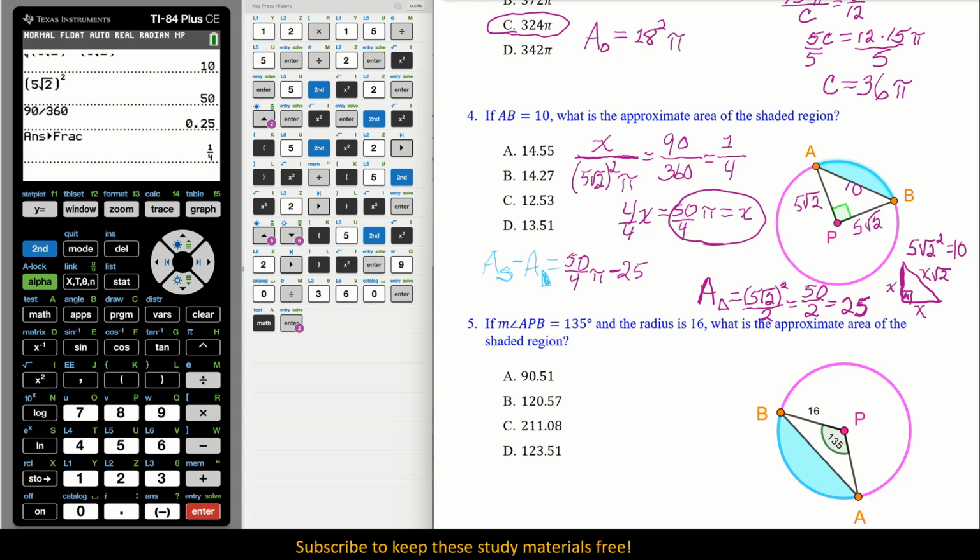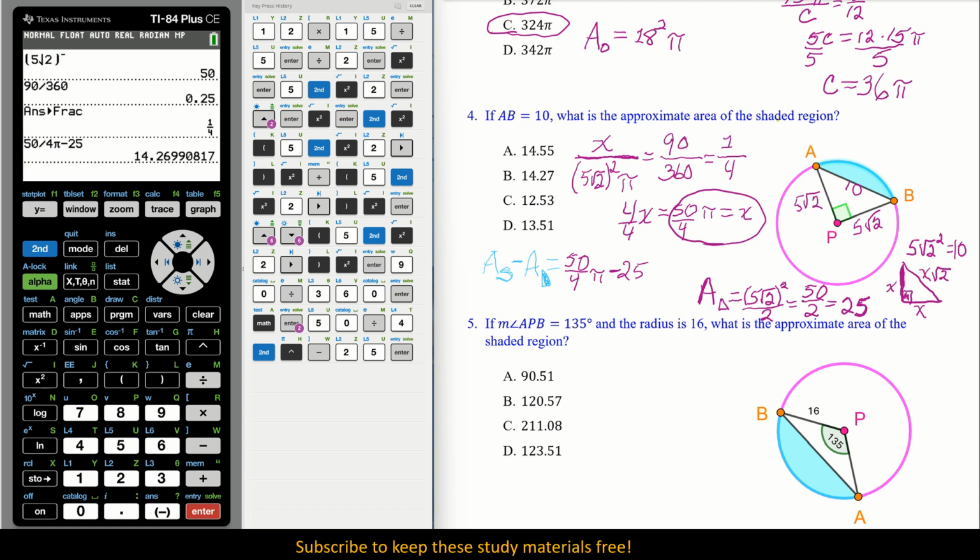Whatever that is, our answers are in decimal form. The minute we put all this in and change it to decimal form, the calculator will change it for us. So 50 divided by 4, second, carry it up gives us pi, and we'll subtract 25.